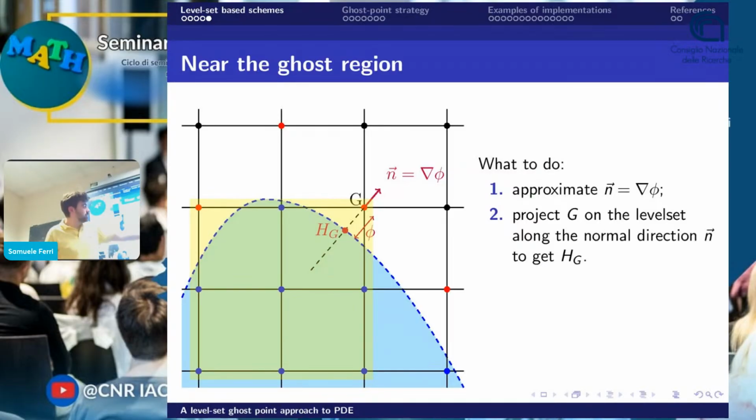So we just take the point G, we discretize the normal direction with the values of the level set, and then we project using, for example, the bisection method or other methods to find the point HG. And then we can use it because it is a point on the boundary. But the problem is this point is not always aligned to the grid. So how do we manage to use this?